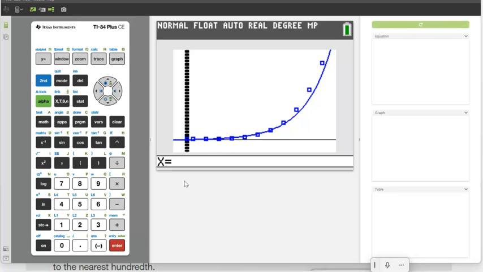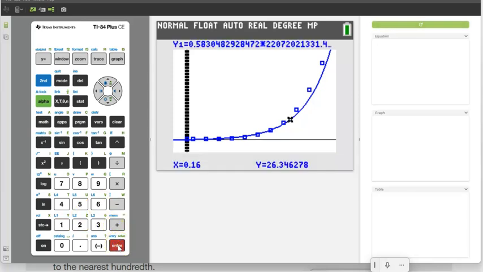So they wanted us to try a blood alcohol content of 0.16. So I'm going to do 0.16 and hit enter, and it plugs it in for me and finds that Y value.